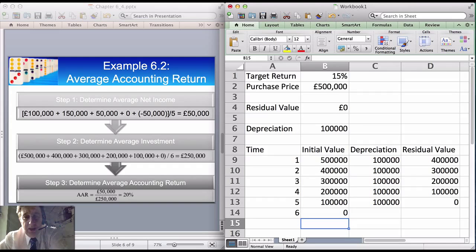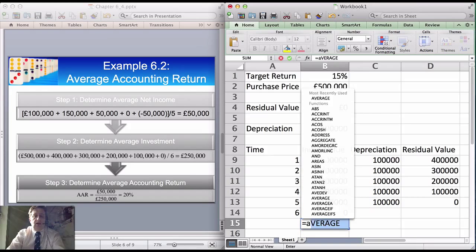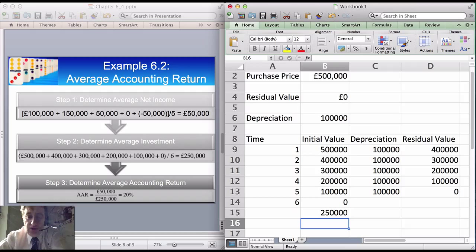That has to be averaged. So to get the average of that, we can use the simple average formula, equals average. And you've got 250k, which is 500 plus 400 plus 300 plus 200 plus 100 plus 0 divided by 6.